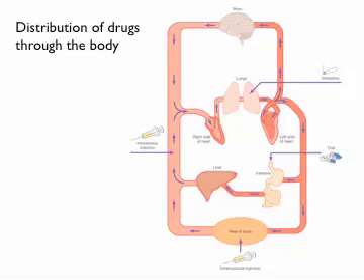Just a couple of heads up here. If you're not familiar with the circulatory system, just know that there are 2 halves of the heart, and you don't need to remember which one is which, but one side of the heart, the right side, is passing deoxygenated blood, venous blood, to the lungs where it picks up oxygen. Then the blood returns to the heart.